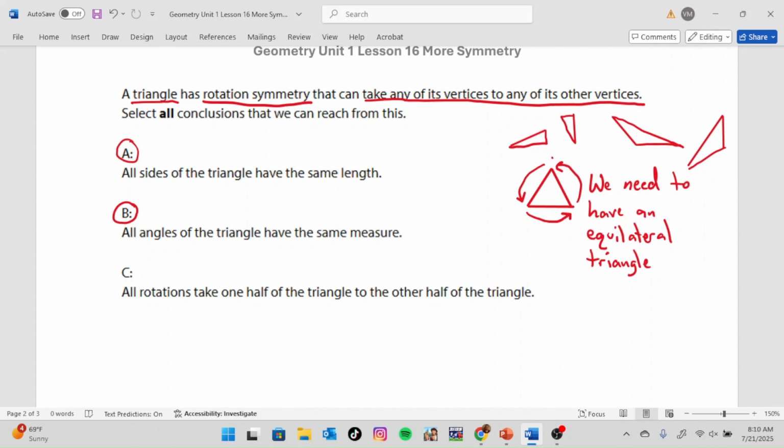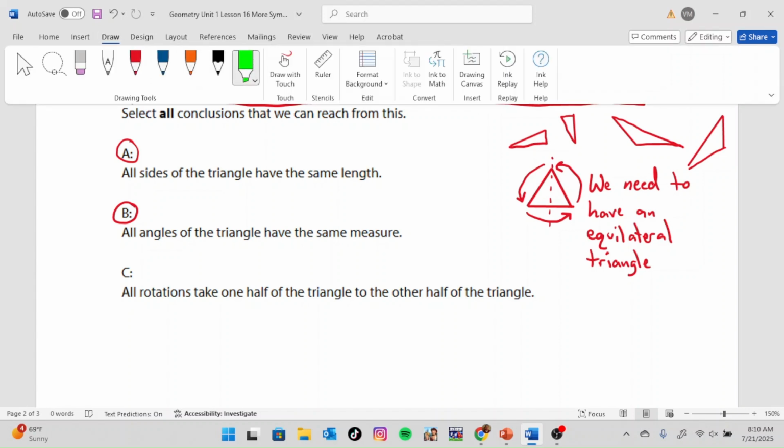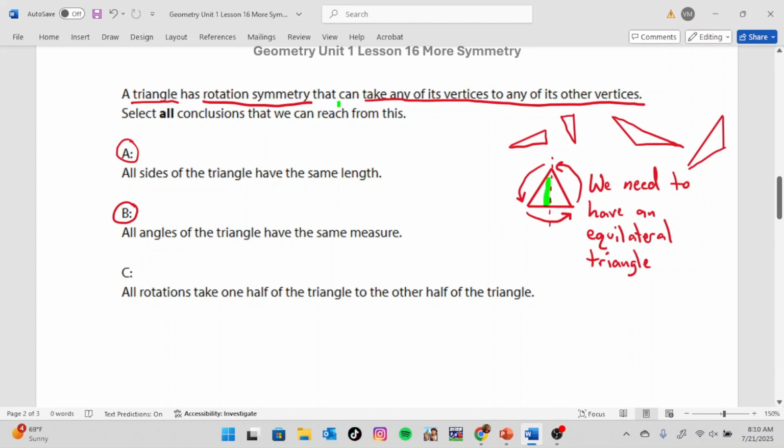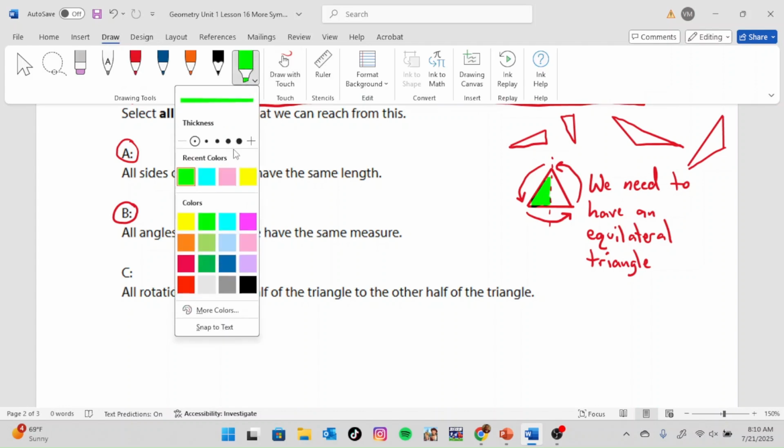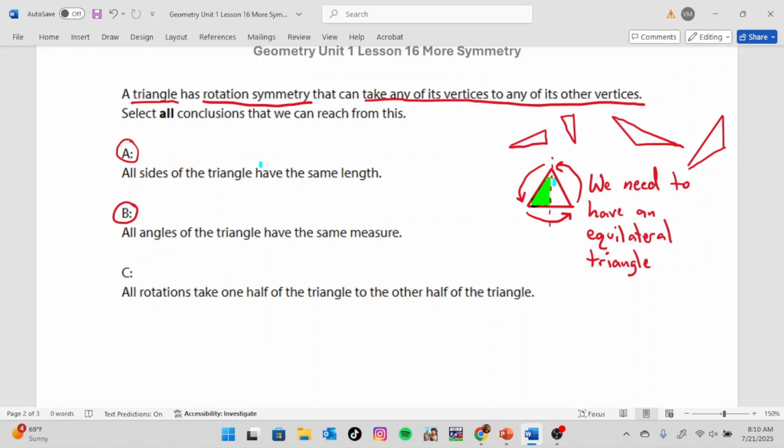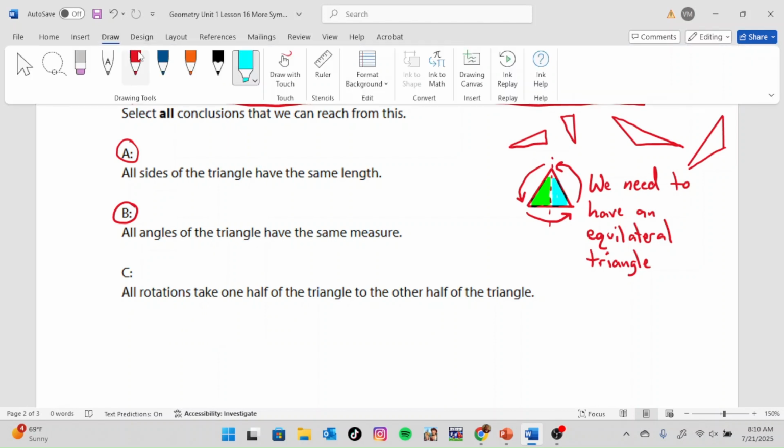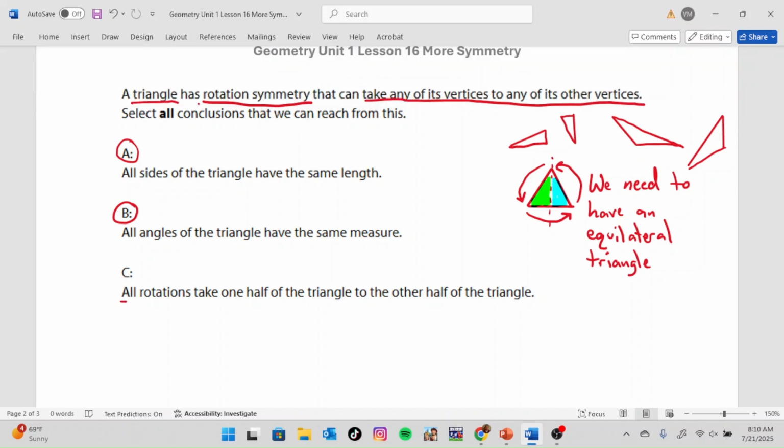Well, if I cut this triangle in half, and we kind of color one side green here, and we color the other side blue, then when we rotate this, remember it says all rotations.